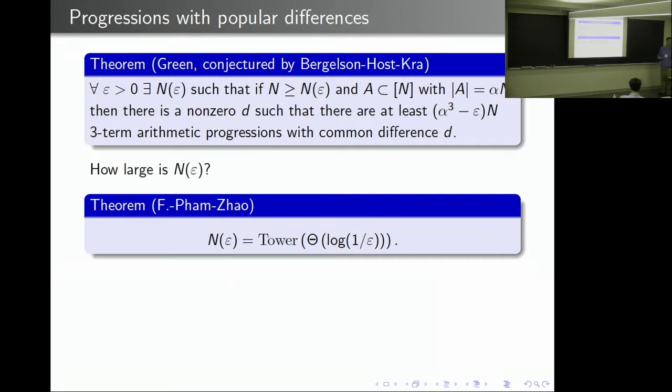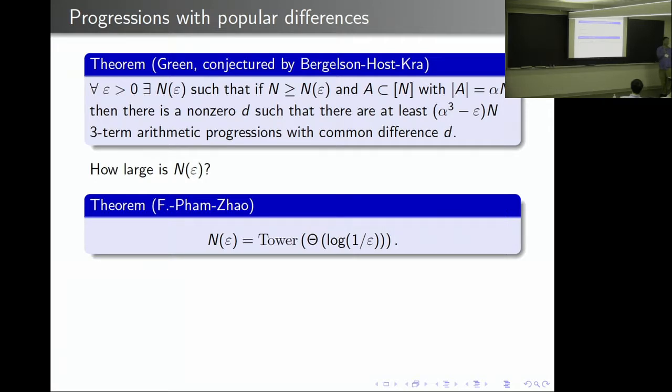Do you want this to hold for many d? So you actually get many d in the proof. The number of d you get is going to be some constant depending on epsilon times N. That constant is 1 over a tower of 2s of height logarithmic in 1 over epsilon.